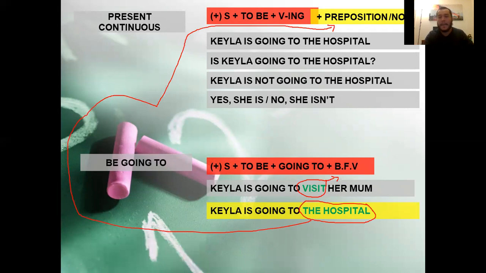Visit, base form of the verb, versus the hospital. In this case, there is a preposition before, to, right? And before the noun, there is a determiner, but the important thing is that you don't have an action after going to. So that is one of the most specific differences when the action actually is going.